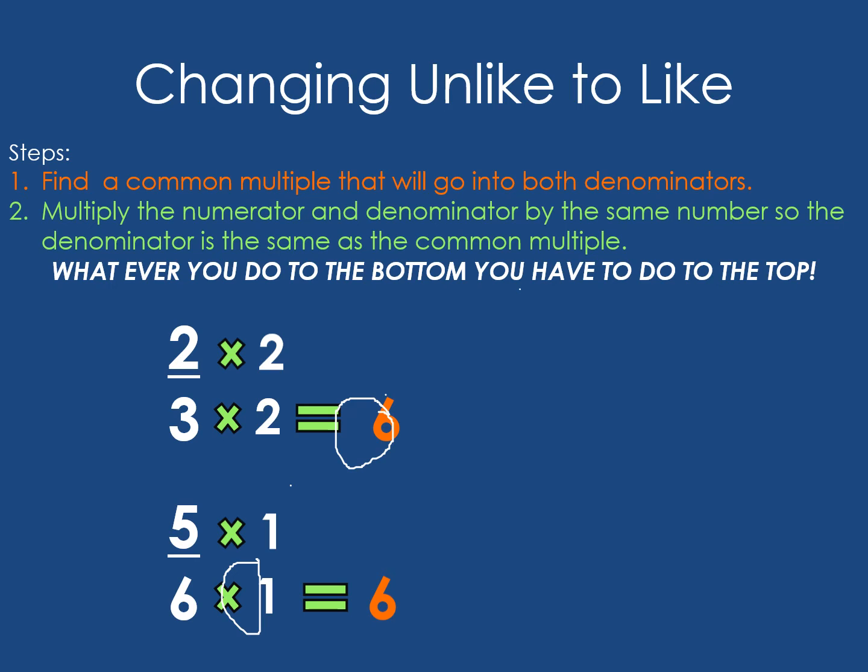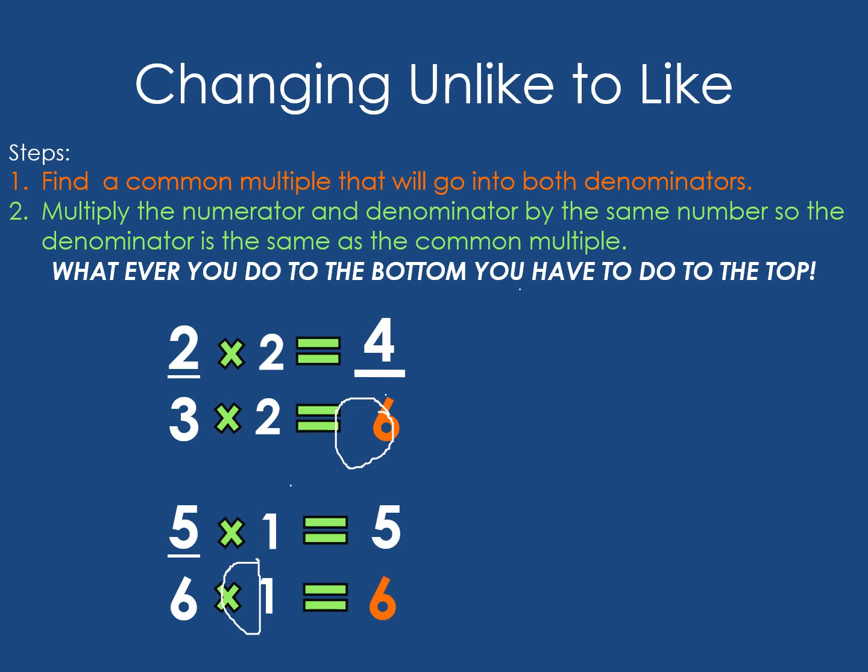So the number 1 is the answer for this. 6 times 1 is equal to 6, and just the same in the numerator. So 5 times 1, okay, 2 times 2 is equal to 4, then 5 times 1 is equal to 5.